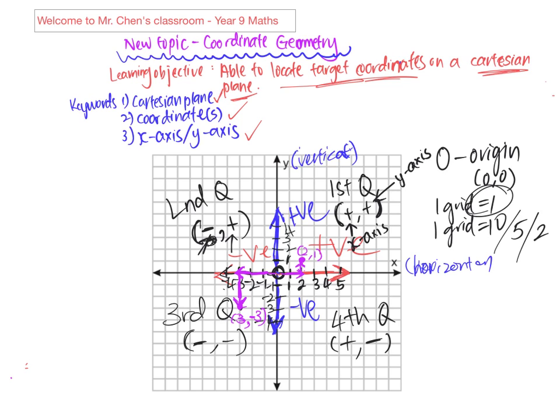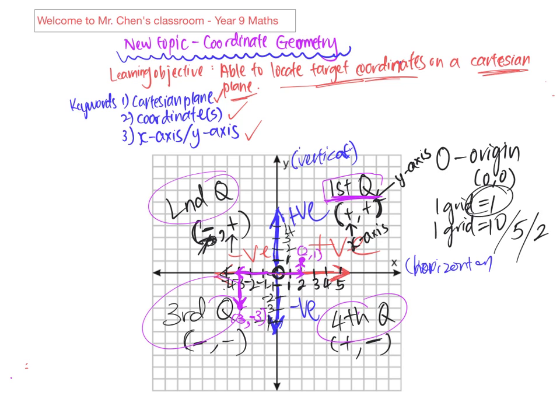But for your understanding, this is how it works. So always remember, the first quadrant always starts on the top right corner, which is this box, and then second, third, and fourth. All right.